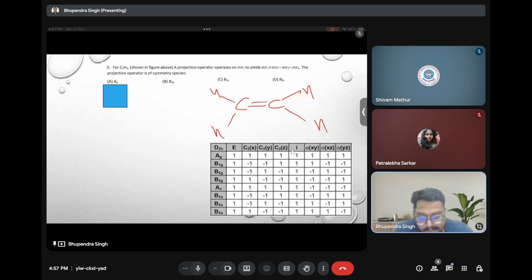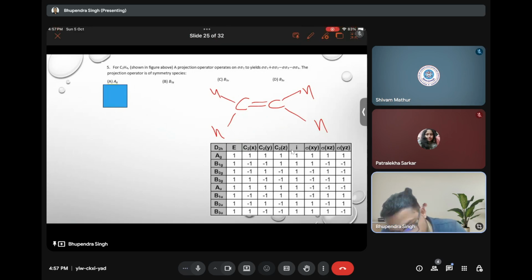Okay. So here, for C2H4 shown in the figure above, a projection operator operating on sigma 2 yields sigma 1 plus sigma 2 minus sigma 3 minus sigma 4.